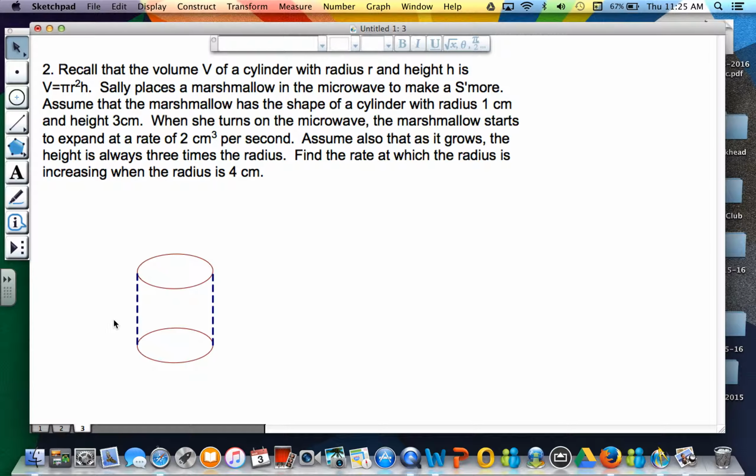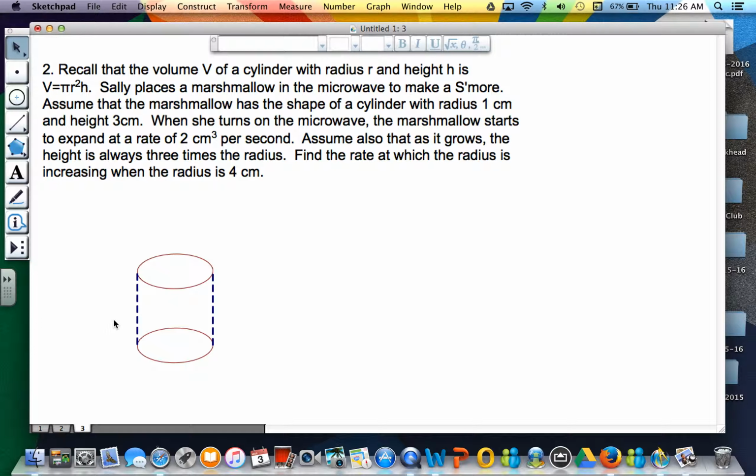Example 2: recall that the volume of a cylinder with radius r and height h is V equals pi r squared h. And yes, we'll give you many of the formulas you'll need, so don't get too worried about that. Sally places a marshmallow in the microwave to make a s'more. Assume that the marshmallow has the shape of a cylinder with radius 1 centimeter and height 3 centimeters.